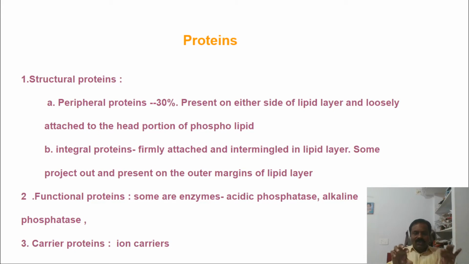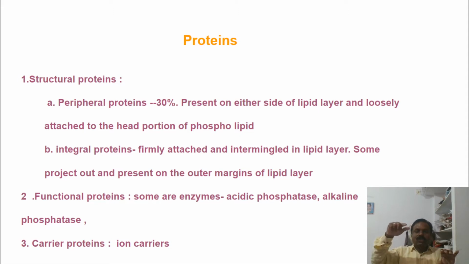Just now we discussed that in the center the lipid portion is there. These peripheral proteins are present on either side of the lipid layer, but they are attached loosely with the phospholipids. The lipid has two portions, one rounded portion present upside, that is the phosphate.